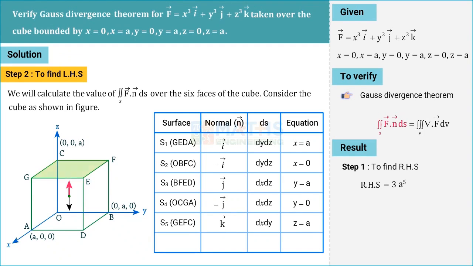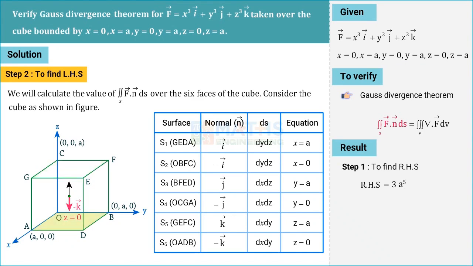On the surface GEFC, the n vector is positive direction of z-axis. So we have k vector. Here z is equal to a. So dz becomes 0. We have x and y coordinates alone. So our dS is dx dy.